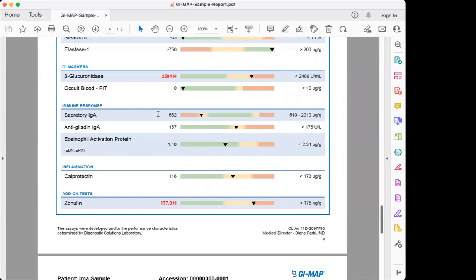Occult blood, this is pretty straightforward. We don't want blood in our stool. We actually look at the specific concentration when we do find it. It's not just a positive or negative. So we can actually grade this on how bad it is. And when we look at this, you're thinking ulcer or some kind of upper GI bleed.